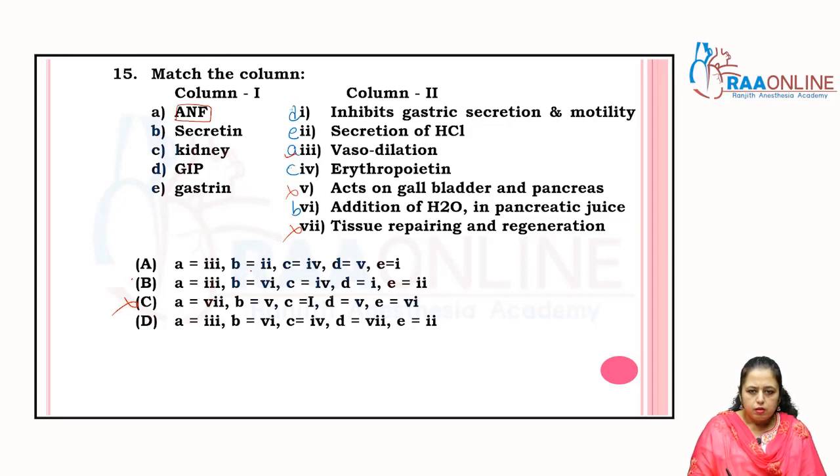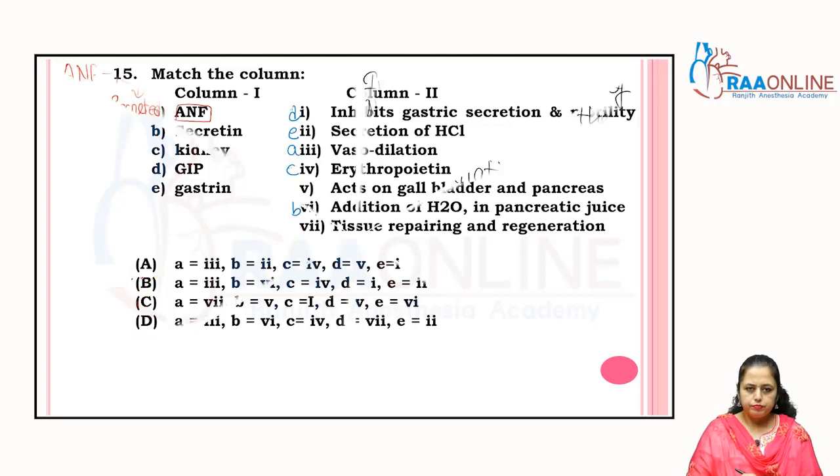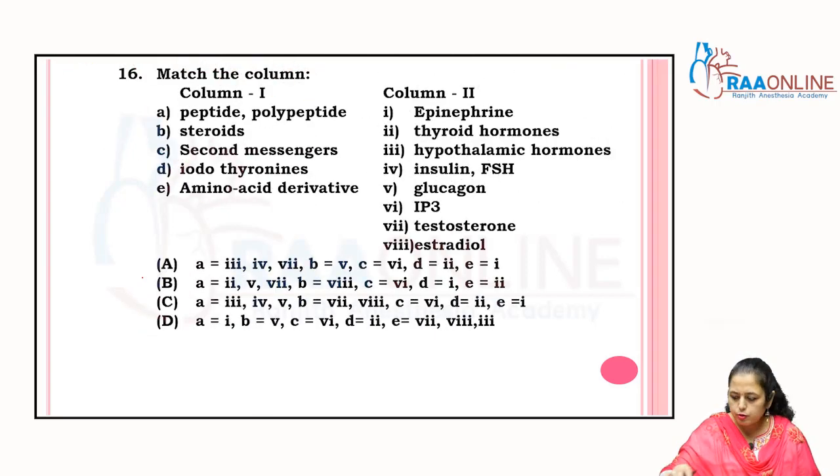B6, so A is also cancelled, B and D. C4 is given in both. D1 is here, so D is cancelled. Answer is Bombay, right? Now come to the next.